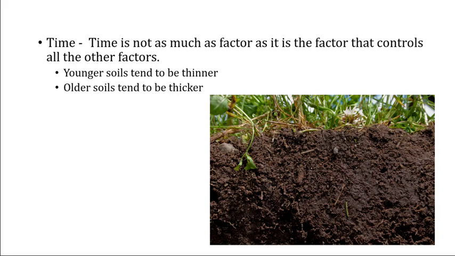One of my fancy soil instructors set up this weird derivative equation where everything happened through time. Younger soils tend to be thinner and less well developed. Older soils tend to be thicker, right? That just makes sense.